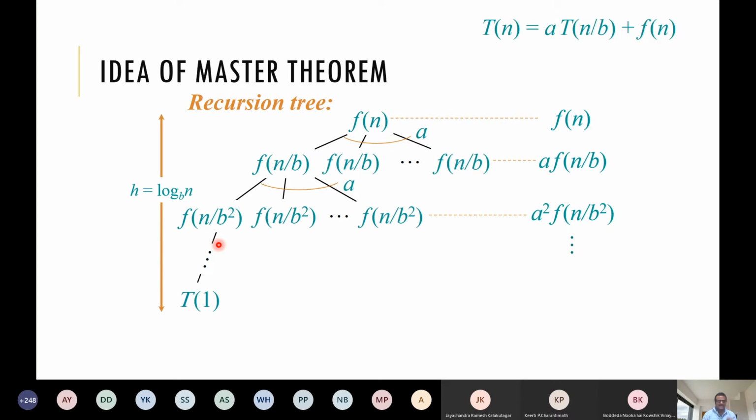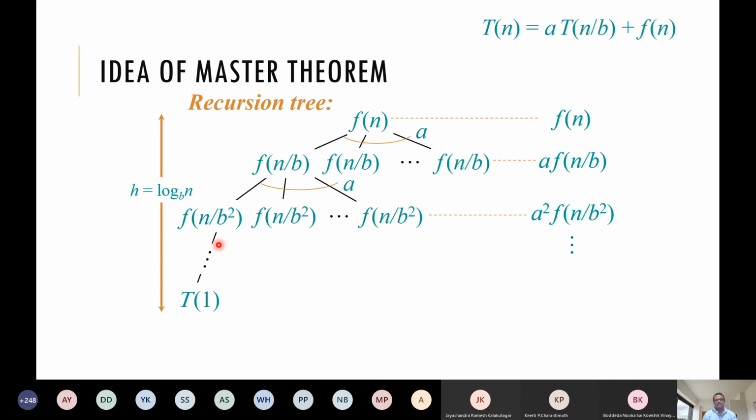So if the height is h, then n/b^h must be equal to 1. From here we get b^h = n, so h is basically log n base b. So this is the height of this tree.